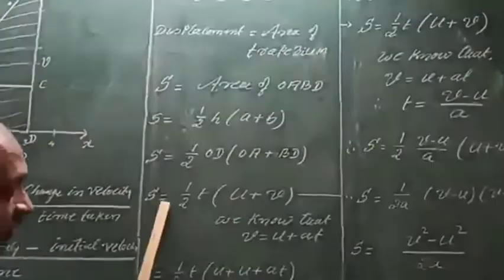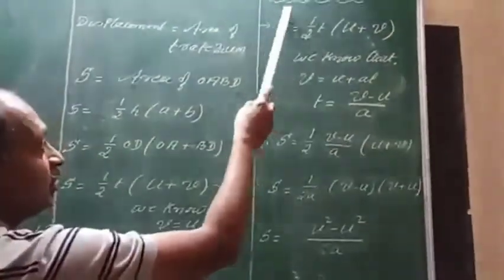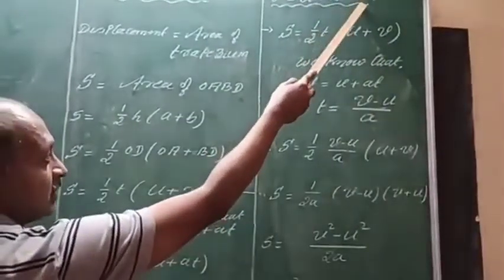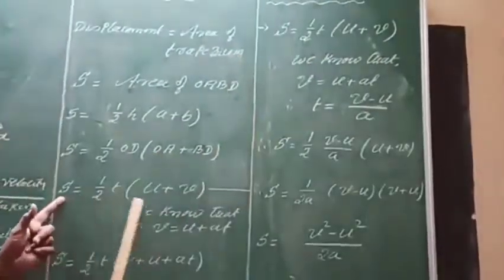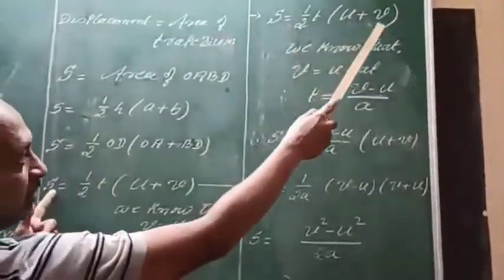So let us consider this equation for the third equation, to prove V square is equal to U square plus 2as. Let us consider this equation, half into t, U plus V.